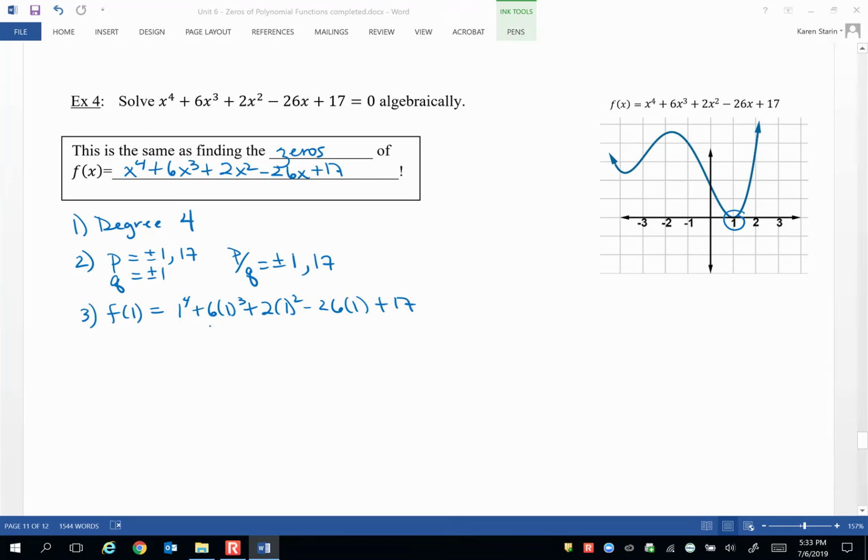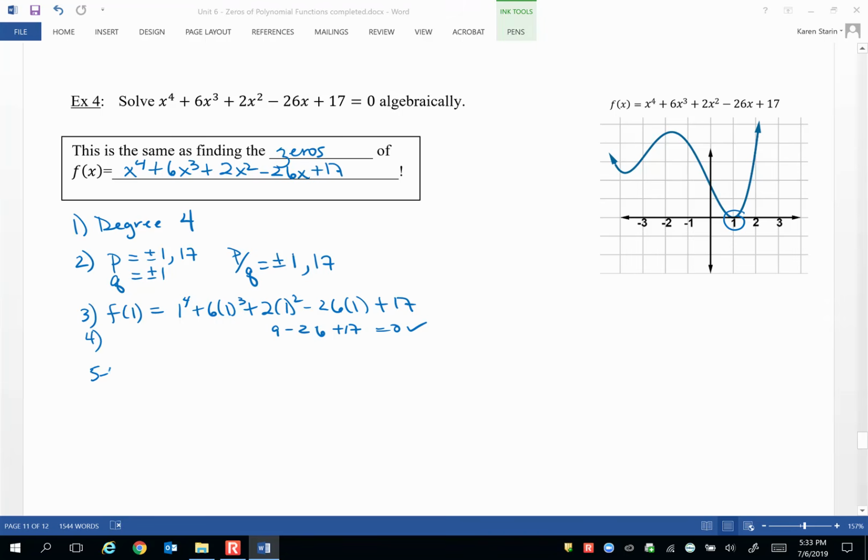So we have 1 plus 6 plus 2. 1 plus 6 is 7, plus 2 is 9. 9 minus 26 plus 17. Well, 17 and 9 is 26, so this equals 0 for sure. That is a 0. So that was kind of steps 3 and 4 together, I guess.